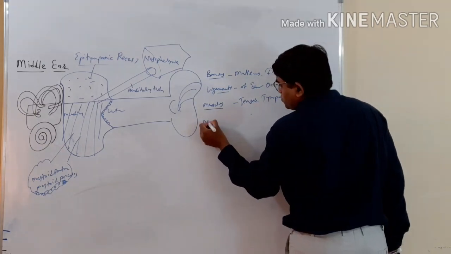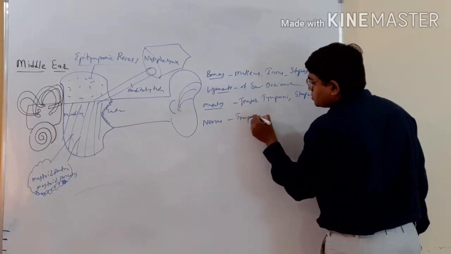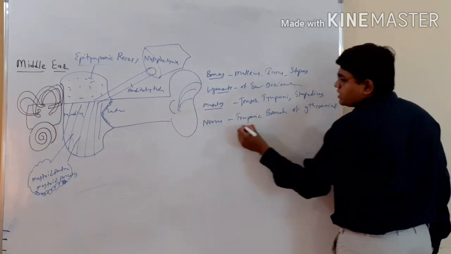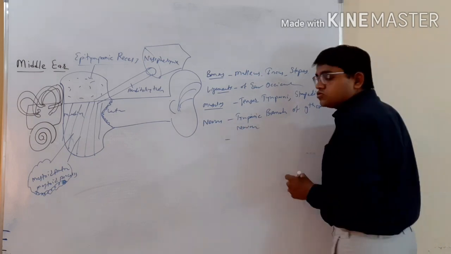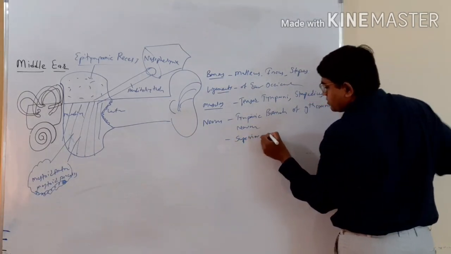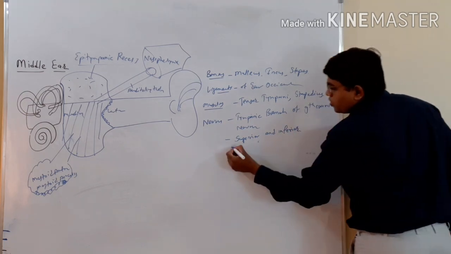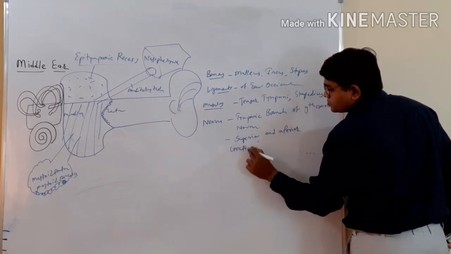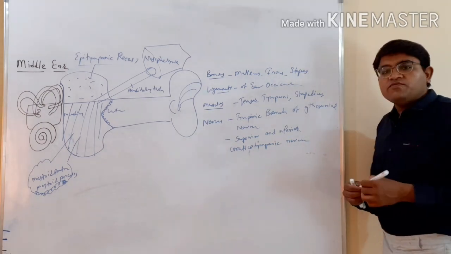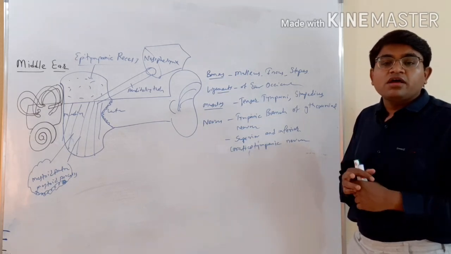Then nerves. The tympanic branch of the ninth cranial nerve, the glossopharyngeal nerve, and the superior and inferior caroticotympanic nerves. The superior and inferior caroticotympanic nerves are branches of the sympathetic plexus around the internal carotid artery.